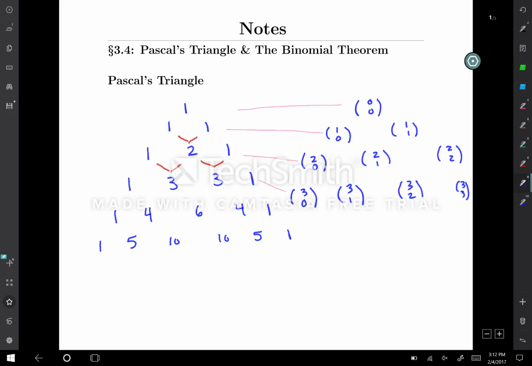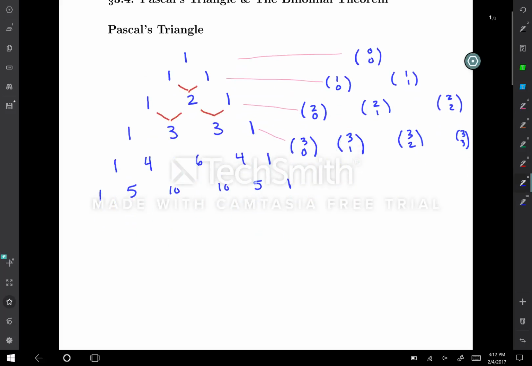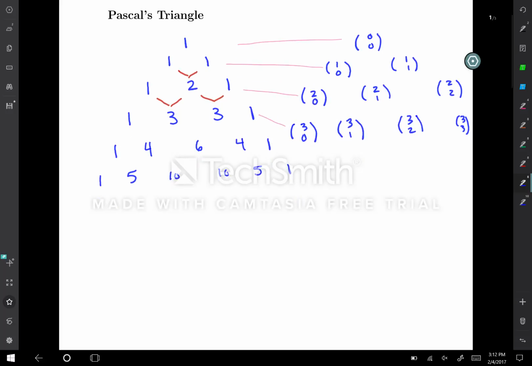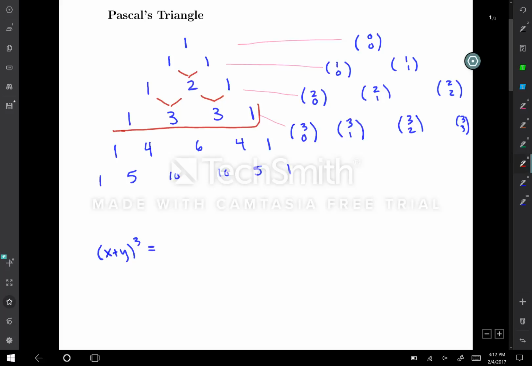So what does Pascal's triangle give us? If we wanted to expand (x plus y) cubed, we would look at the third row of the triangle, and that will tell us our coefficients.